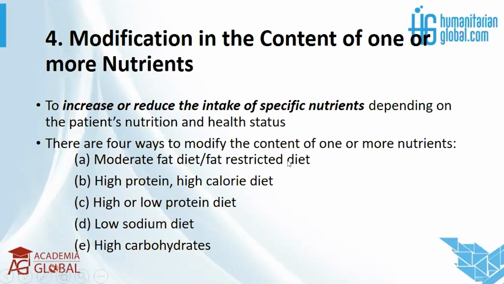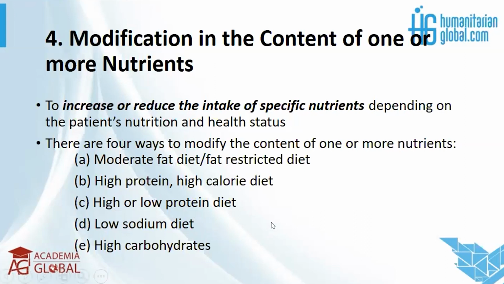You can have a high protein diet, a high calorie diet, a high or low protein diet. You can also have a low sodium diet, and you can also have a high carbohydrate diet. You can play around with the specific nutrients there.